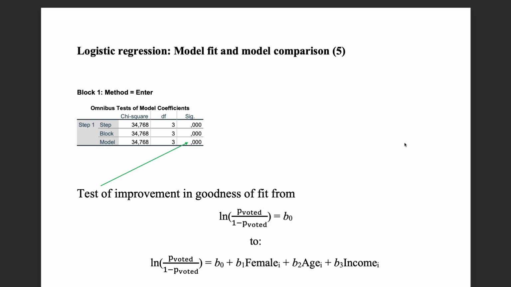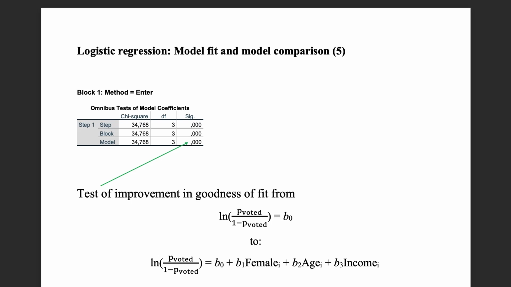So in other words, what is the probability of finding this difference in deviance or a larger difference in deviance, so this chi-square test statistic or a larger chi-square test statistic, under the null hypothesis assumption that there is no difference in goodness of fit between the model where we're just using the log odds of voting to predict voting compared to a model where we're using differences in gender, age, and income to predict the log odds of voting in the population.